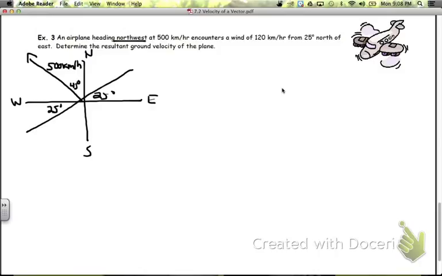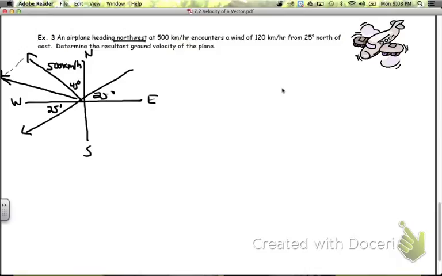And we can actually go ahead and draw in our wind vector up here, because we want it to be from tail to tip, and we want to determine the resultant vector, which is going to be along here.